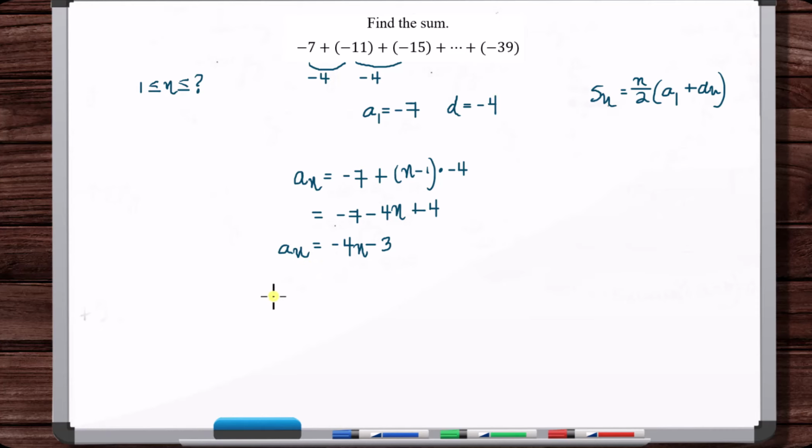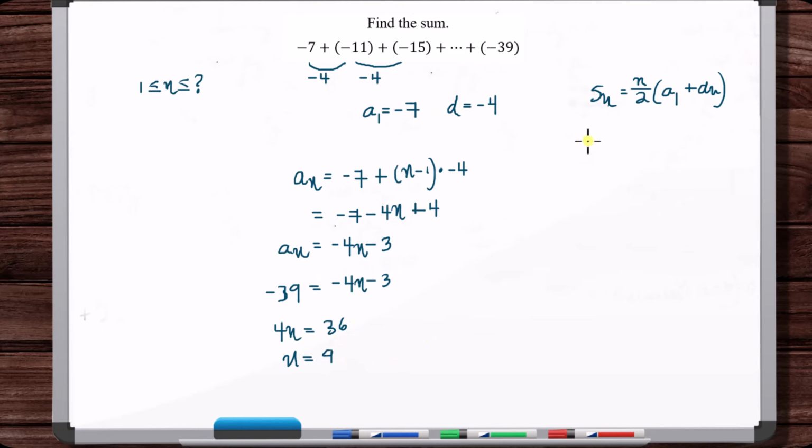So when a sub n is minus 39, what is n? Bring the 4n to the left, and then you've got minus 3 plus 39, which is positive 36. So n is equal to 9. Minus 39 is the 9th term.